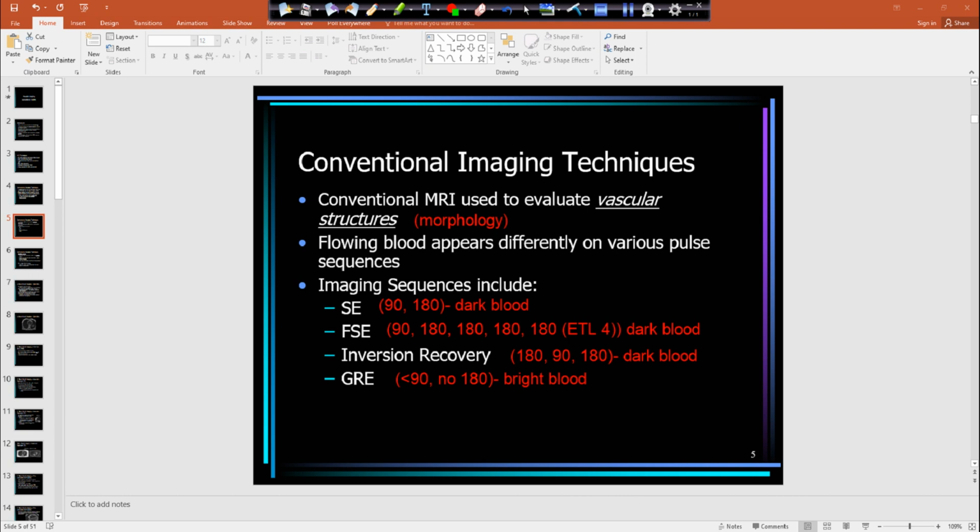So that's why when we talk about MRA, they're usually always going to be a gradient echo. Everybody got that written down?